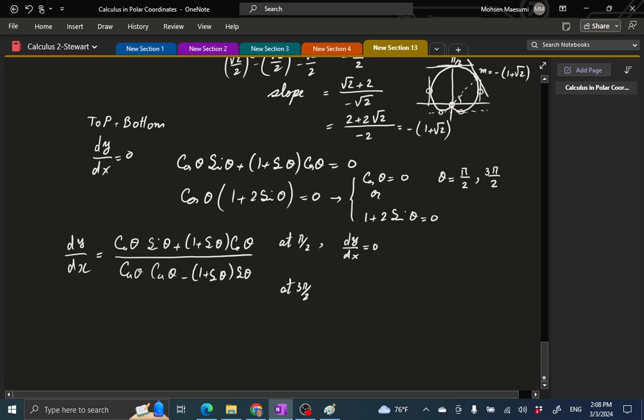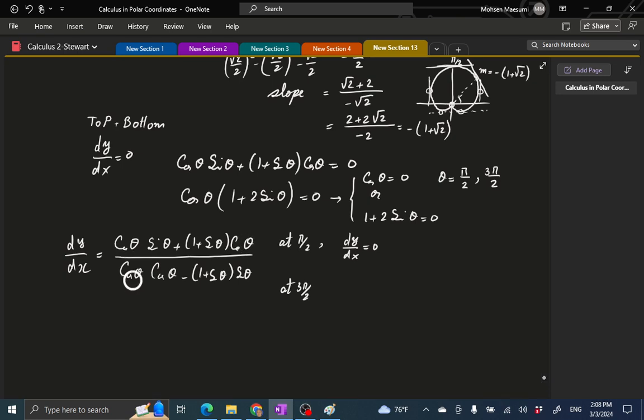At 3 pi over 2, cosine again is 0, but what happens now is that this is 0, cosine of 3 pi over 2 is 0, this is 0, and 1 plus sine is also 0 because sine of 3 pi over 2 is minus 1. So our expression is going to become 0 over 0. And what is that? Let's postpone that for a second, because the question is what happens?